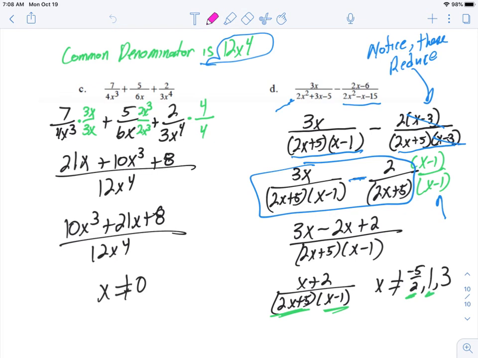X cannot be 1, but you always want to look back to the original expression. And there was that x minus 3, so that has to be part of your statement of what x cannot equal.